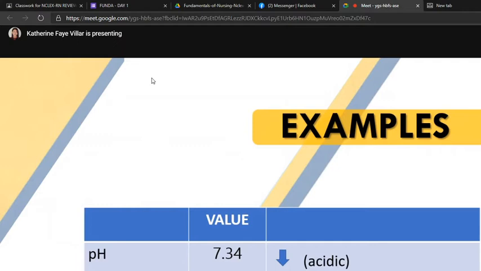Pag PCO2, same din ba? The normal is 35 to 45. 48 nga pala, so that's acidic. If it's higher, it's acidic.